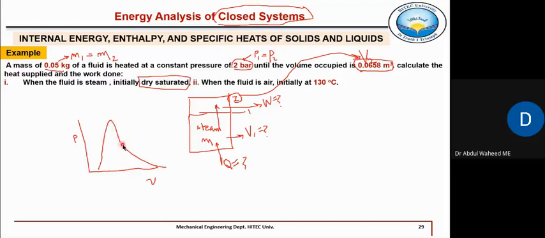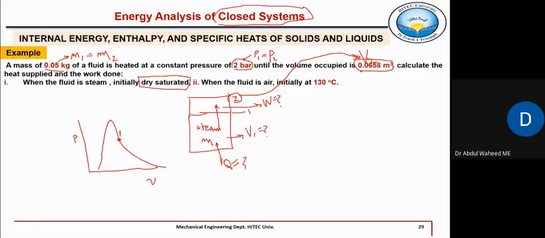If we go further from this point, it will be superheated. If we come back from it to this side, then it is a mixture or wet region, because now there will be steam in liquid phase also. So part one is when this fluid is steam, initially dry saturated, meaning V1 is anywhere on this line. Let's show it somewhere. For example, this is state 1.